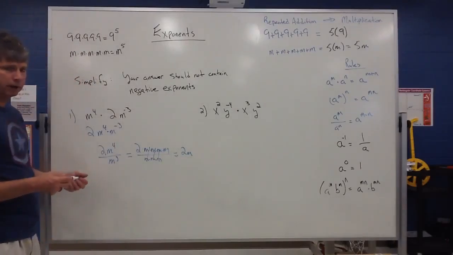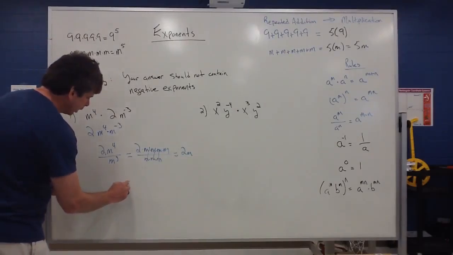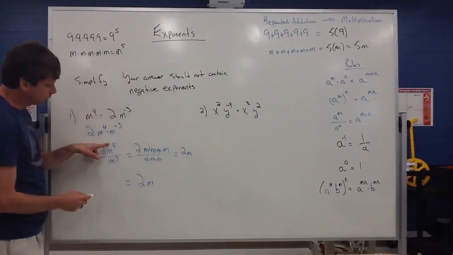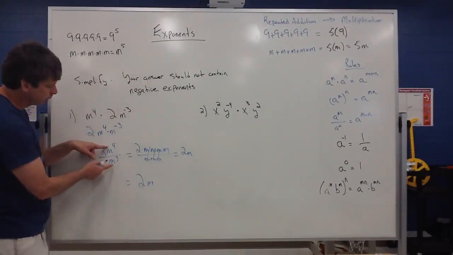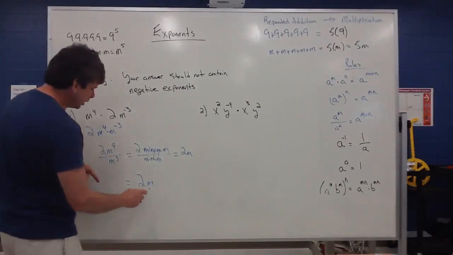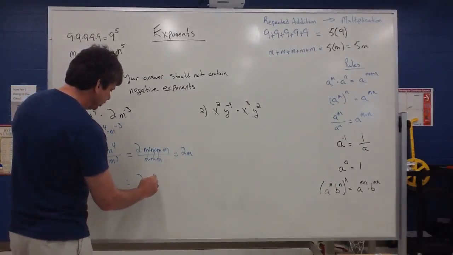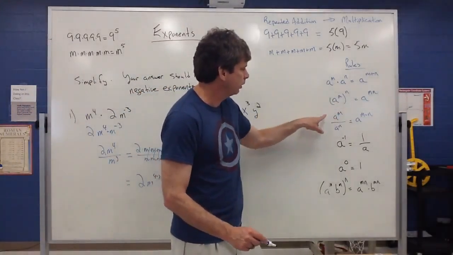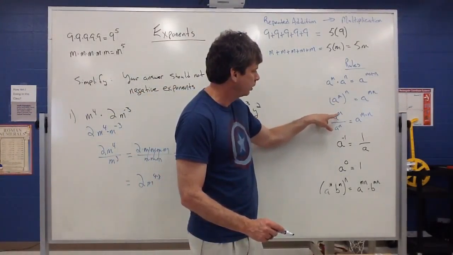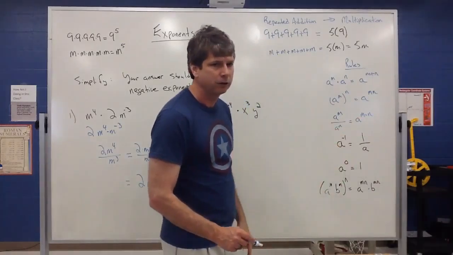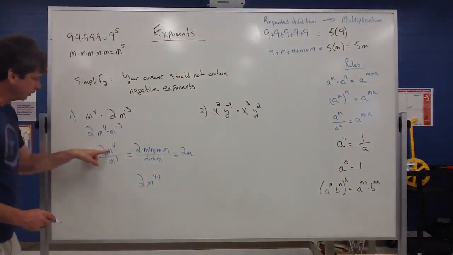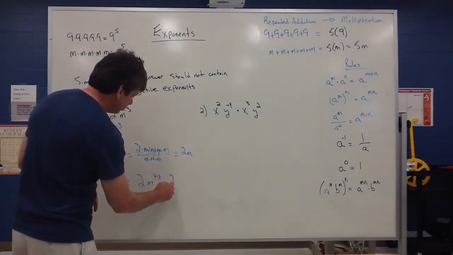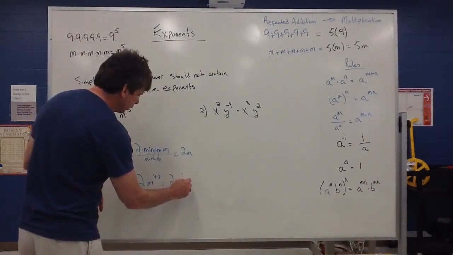So that's my process. But also don't forget, I could also do this problem as 2 times then, notice how I have an m to the fourth raised to the m to the third. Notice how those have the same base. I could change that to m to the 4 minus 3. I can apply this rule here that says if you have the same base, you can subtract those exponents to simplify it. So it's going to be 2 and m to the first power.